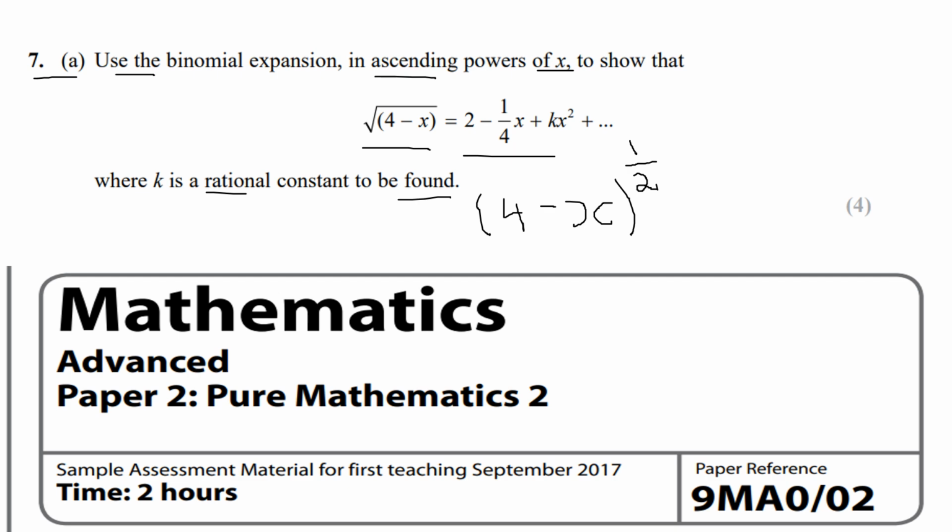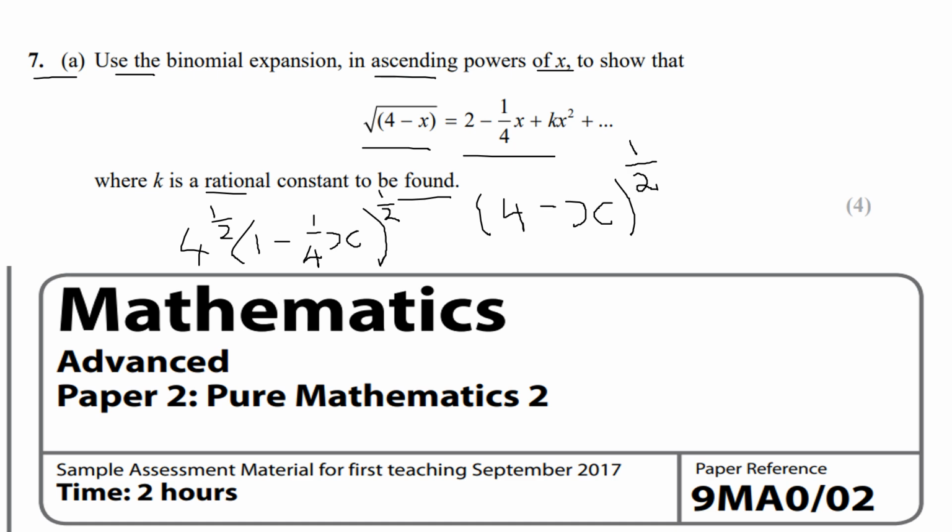I'm now going to factor out a 4 to the power of a half. So I'm going to have 4 to the power of a half, brackets 1 minus a quarter x. The reason for that is because the formula in your formula booklet is written in the form 1 plus or minus x to the power of n, so it has to be in the form 1 plus or minus something.